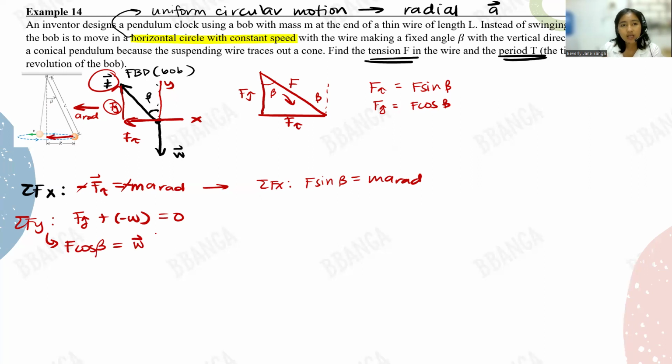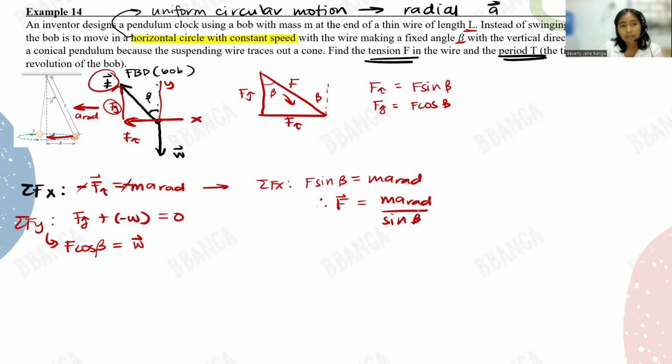Now, ang given lang class ay yung beta, tapos yung length. Ito yung mga binigay niya. Length, beta. Wala na silang ibang binigay. And these are the kind of problems na walang value, arbitrary lang siya lahat, no? So, wala kayong ipa-plug in. Puro ganito lang. So, F sin beta is equal to m a-rad and ang hinahanap natin ay si F. Which means that F is equal to m a-rad over sin beta.